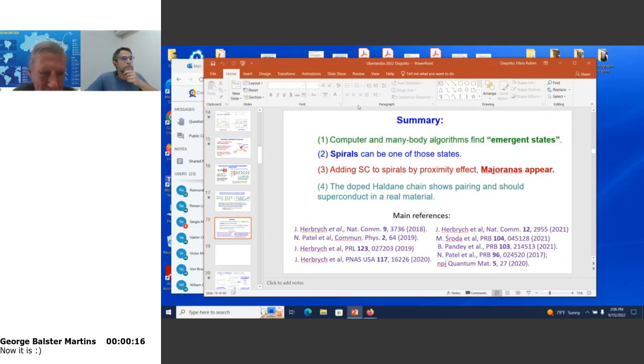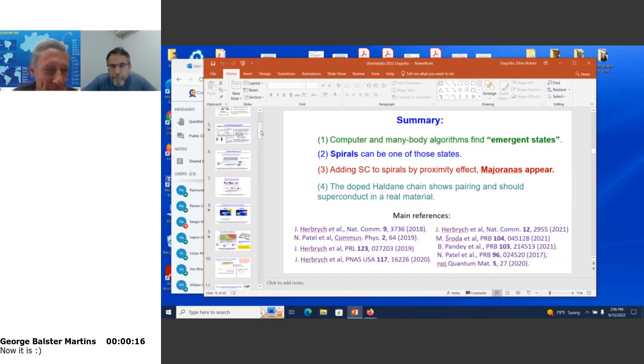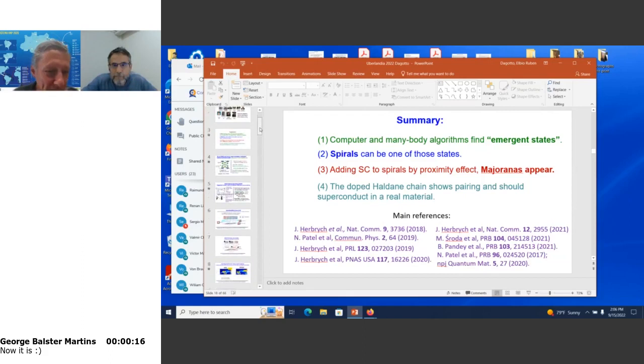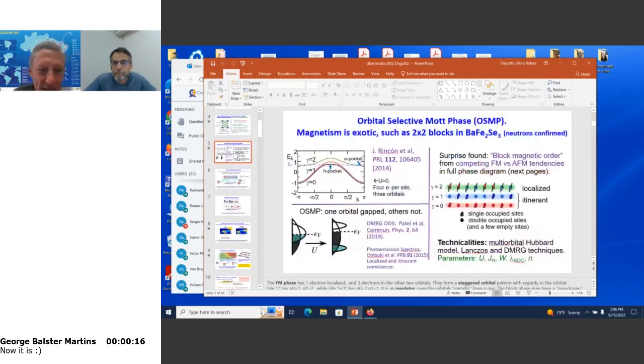We tried that, George. It didn't work. What George is saying is that after all, this is a glorified way of going antiferromagnetic. If instead of up down, you go two up, two down, there is an antiferromagnetic order, which simply involves a different wavelength.